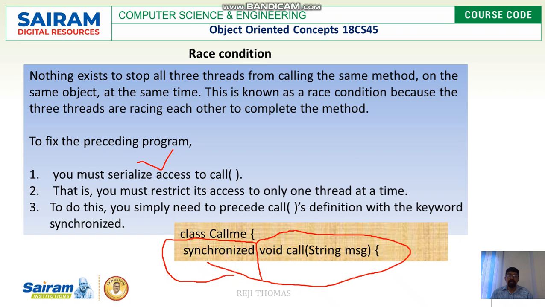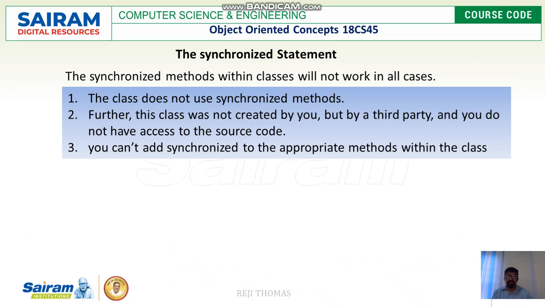So this is one way. There is another way: we can have a synchronized statement. Why? Because there will be cases where the class does not use synchronized methods, or cases where the class has been created by somebody else and you have no access to it. In that case, you cannot add the synchronized keyword to every method wherever you want.